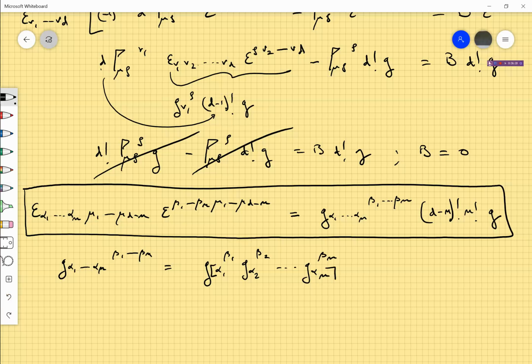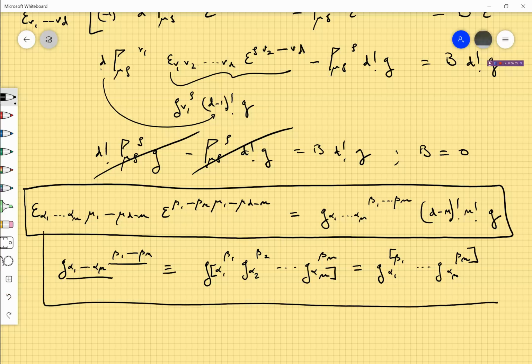Okay, this is antisymmetrized in alpha and n, and you can check that this is the same as if I antisymmetrize in betas. Okay, so this symbol is completely antisymmetric in all alphas and all betas. This is a definition. I think I gave this definition in the Minkowski case.